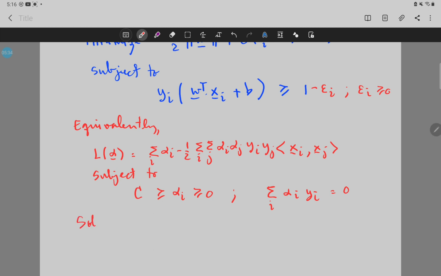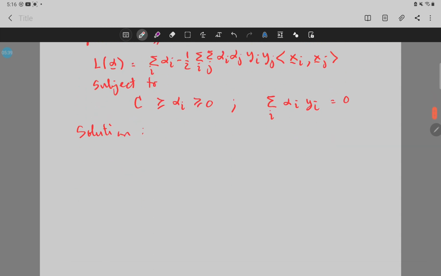The solution to this is also similar to what we had before for the simple case: w is equal to the summation of alpha i y_i x_i. However, a slight change is in the bias term, where we have y_k multiplied with 1 minus sigma k minus w transpose times x_k.